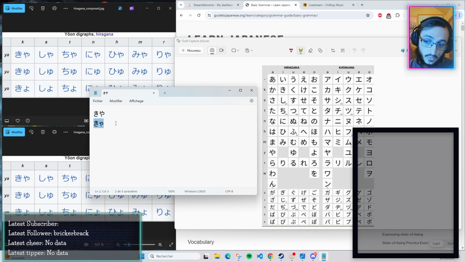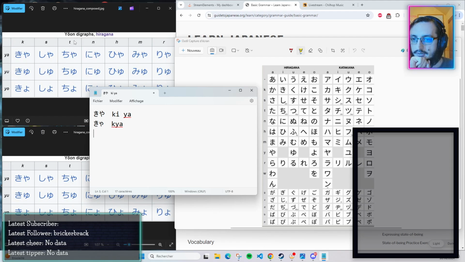You merge them into one other syllable. That's basically the difference between those two. It's a completely different syllable, which is a merging of ki and ya.